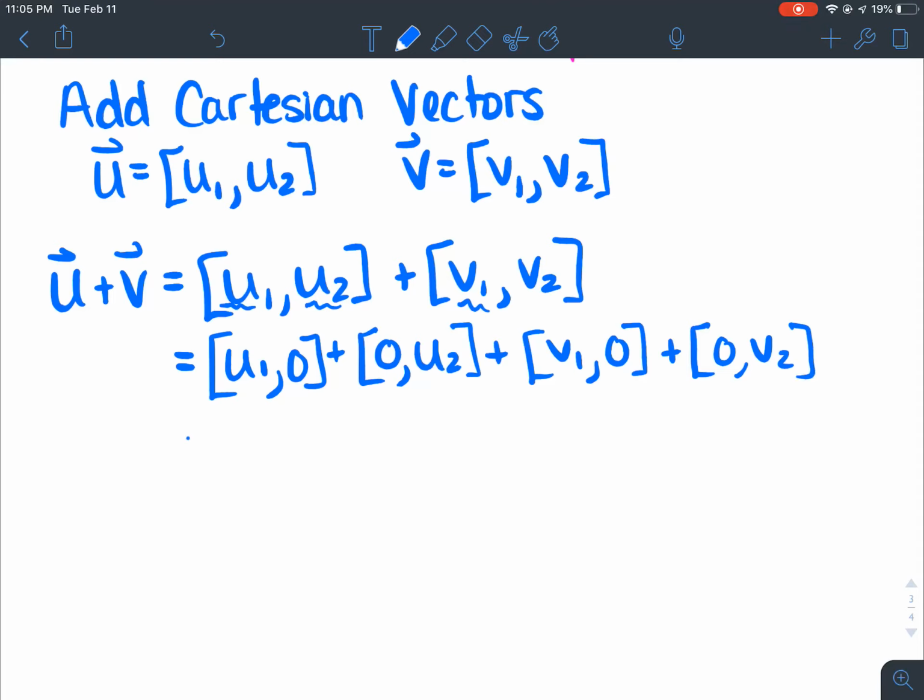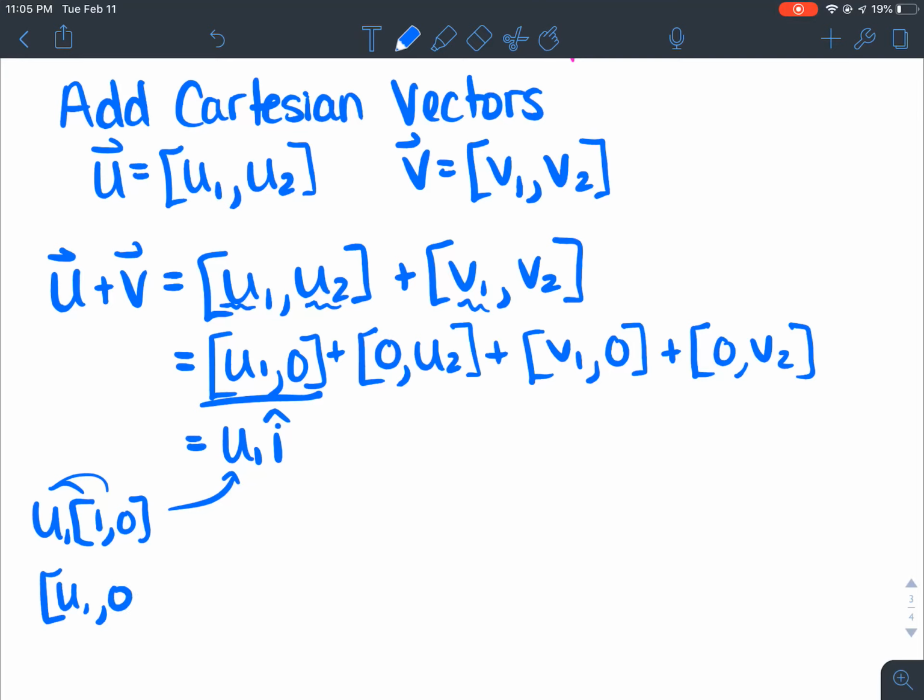So I've split it up into components, but then I'm going to add a unit vector component to this. The next thing I know is that the unit vector for this is just 1, 0. So I could write that as u1 i hat. That's u1 times the bracket 1, 0, which if you just distributed that, it would be u1, 0, just what we have.